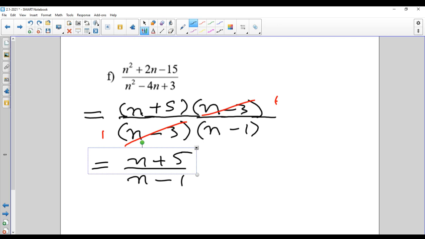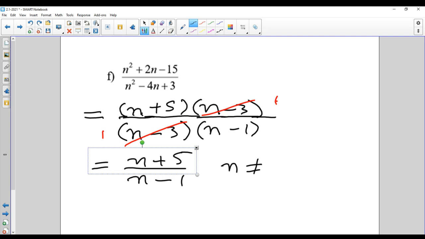Good stuff. But the more interesting question for Sarah is, what are those restrictions? Can you help me with the restrictions? Always refer to the original or the factored form of the original to help you answer that question. What values of n are a problem? What is it that we're saying n cannot be? My n's are looking better, right?